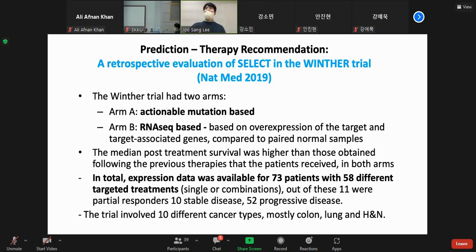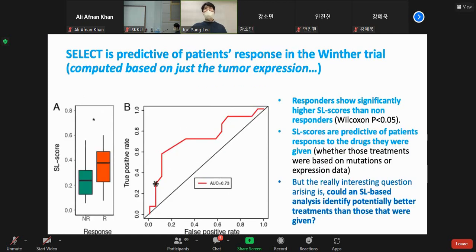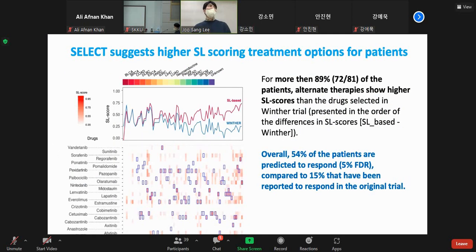First we compared the synthetic lethality scores of the different drugs, so that would be our top recommendation if they provide the patient's data to us. Overall, based on our metric, we could recommend drugs that could be effective for 54% of the patients.